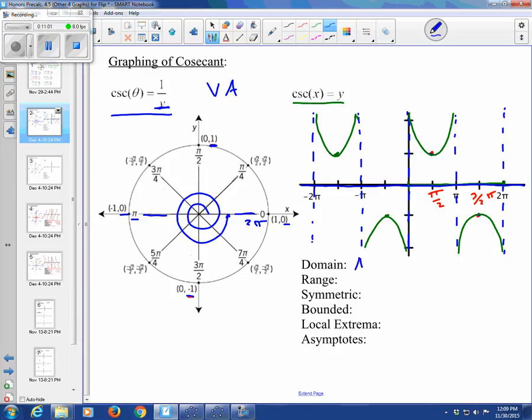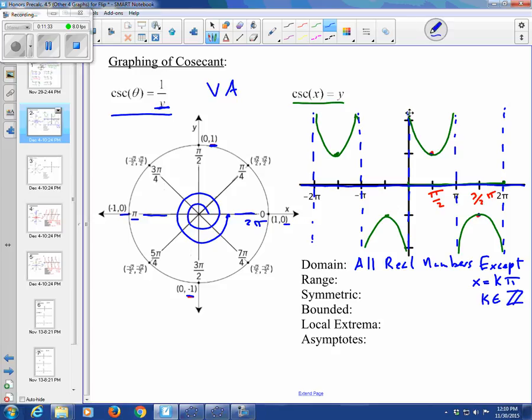So our domain is going to be all real numbers, where those real numbers are rotations in radians, all real numbers except the vertical asymptotes, which are x equals k pi, where k is an element of the integers. So k is an integer.